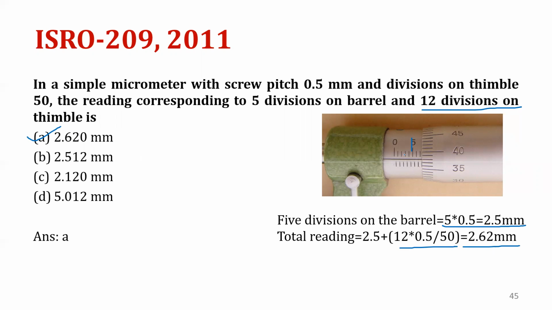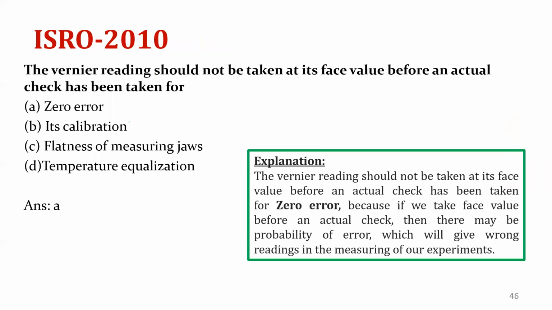So here we have the main scale divisions and there is a thimble. The vernier reading should not be taken at its face value before an actual check has been made for zero error. Without considering or setting the vernier reading, we cannot use it for measurement.